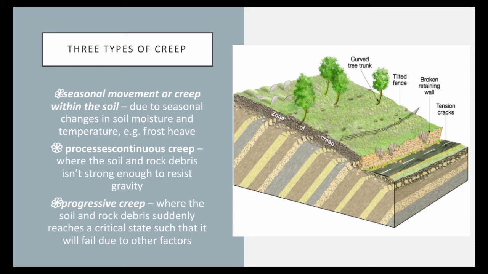Due to seasonal changes in soil moisture and temperature. Example is frost heave, wherein frost heave is an upward swelling of soil during freezing conditions caused by an increasing presence of ice as it grows towards the surface, upwards from the depth in the soil where freezing temperatures have penetrated into the soil.